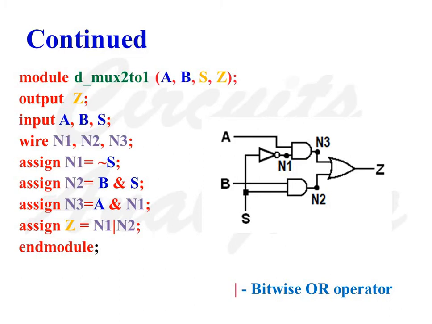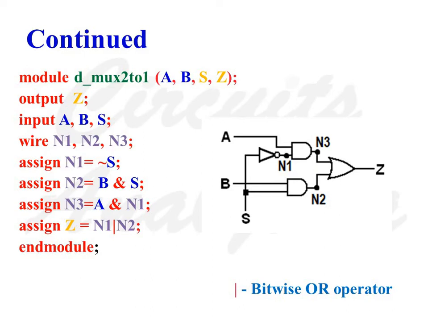Module D_mux2:1 open bracket A, B, S, Z close bracket semicolon. This line specifies that the module is named D_mux2:1 and the ports of this module are A, B, S and Z.